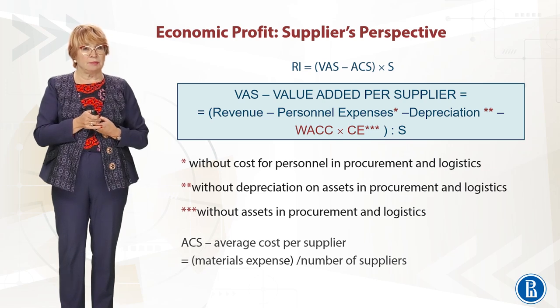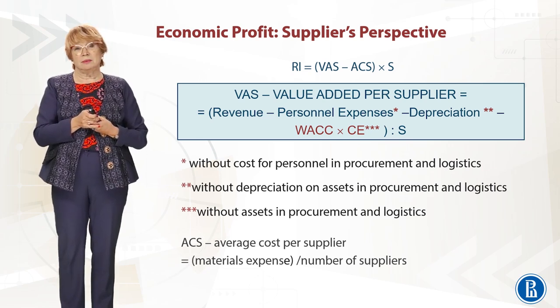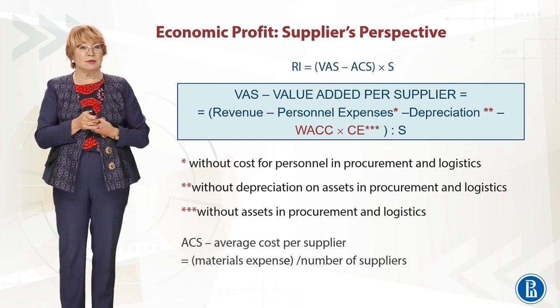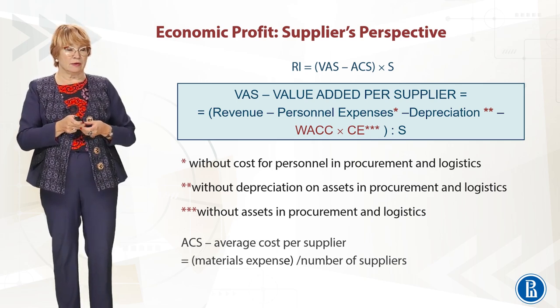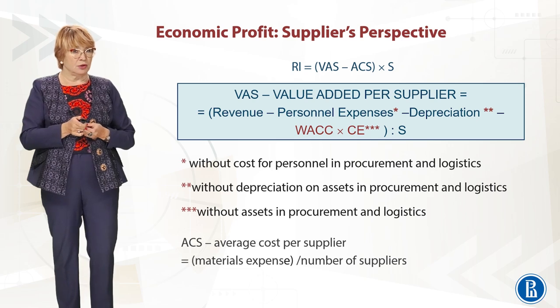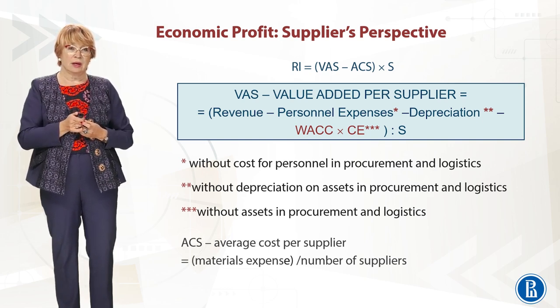We need also to subtract depreciation expense, but without the depreciation on fixed assets which could also be used for procurement and logistic functions. And we need also to subtract capital charge, but when multiplying weighted average cost of capital by the capital employed, we are not going to include the assets in procurement and in logistics in the capital employed.